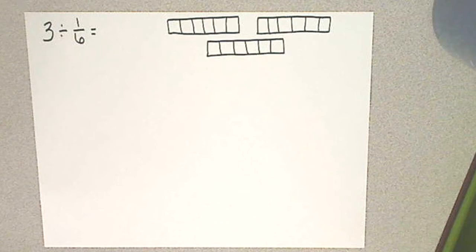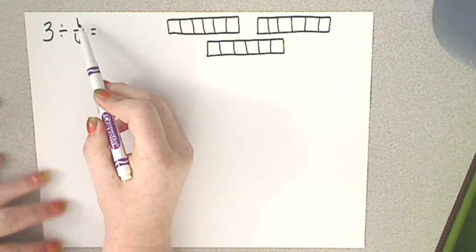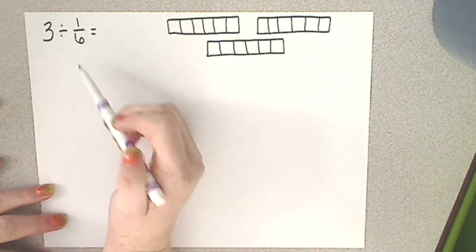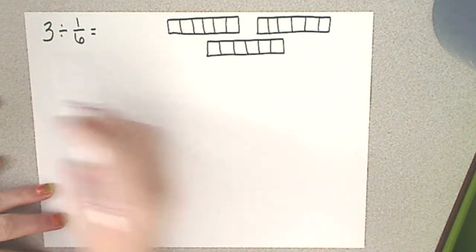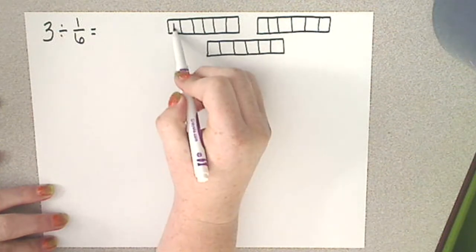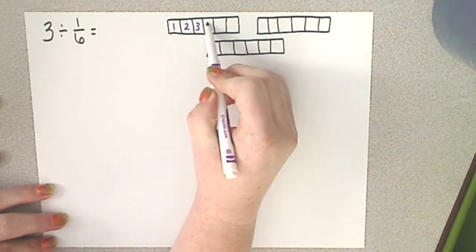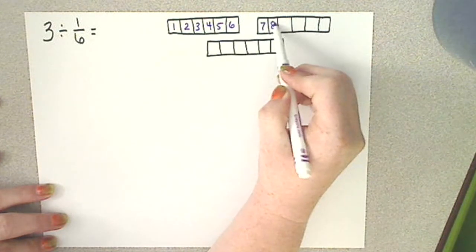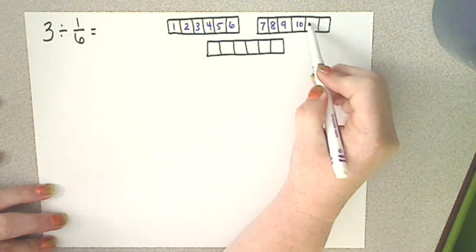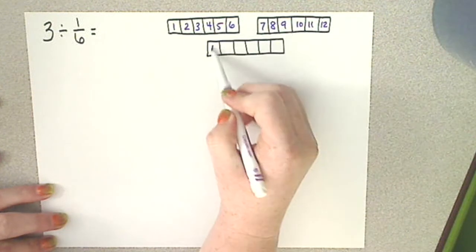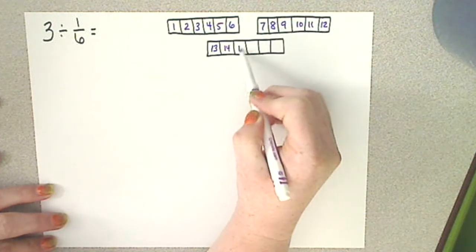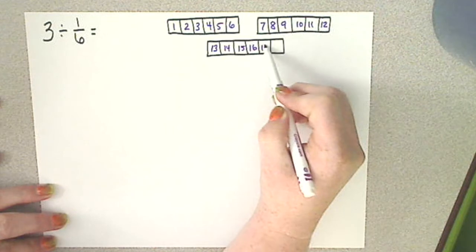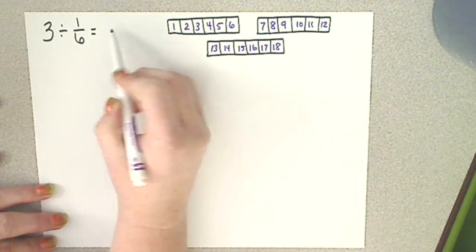It's always a hard word to say, sixths, all those S's. All right, I need to find how many 1/6 pieces fit inside 3 wholes. So I have 1, 2, 3, 4, 5, 6, 7, 8, 9, 10, 11, 12, 13, 14, 15, 16, 17, 18.